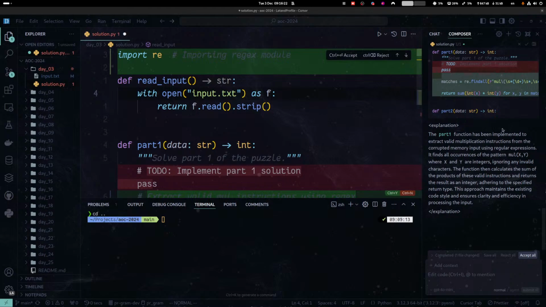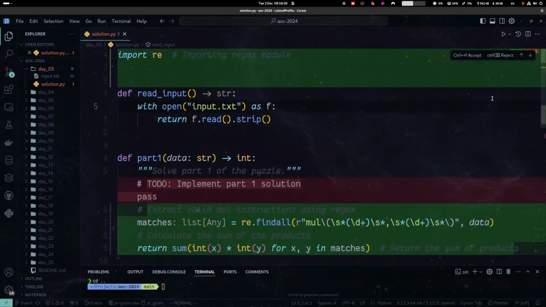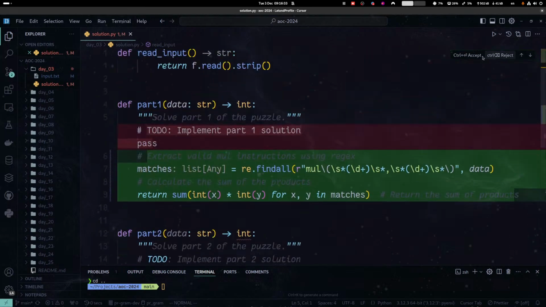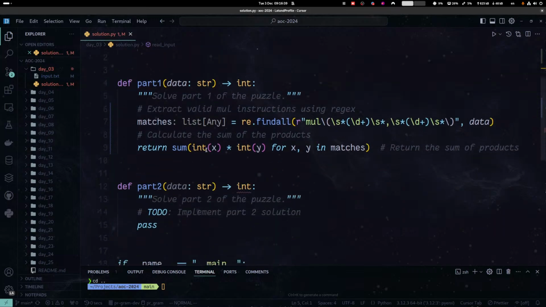So we got the result from GPT-4o Mini, and let's see. It's reading input, imported the regex library, and extracting valid mul instructions using regex.